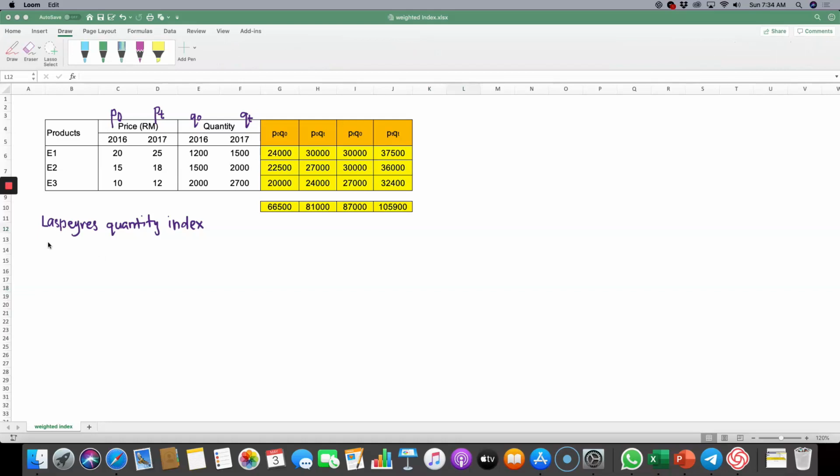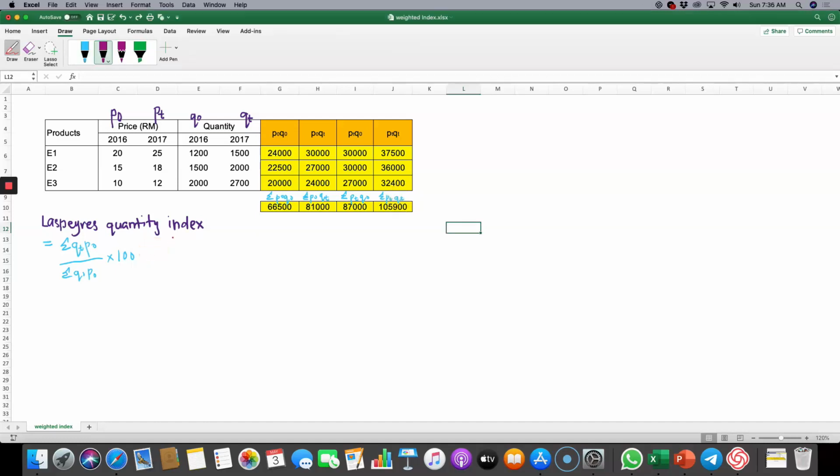Recall the formula for the Laspeyres quantity index: summation of QT times P now divided by summation of Q now times P now, times 100. So we have the information here. This is the summation of P now Q now, summation of P now QT, summation of PT Q now, and summation of PT QT.